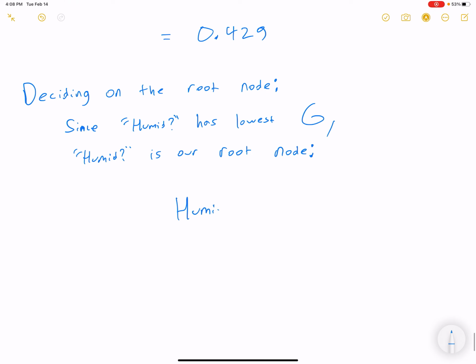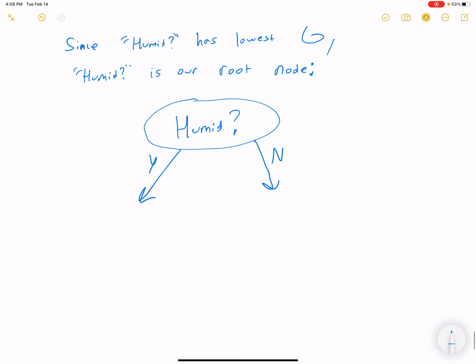So now we have the first part of our tree. We know that our tree, which makes decisions and hence has the name decision tree, starts with looking at the humid variable and splits it into yes or no. And that leaves us with two sub-data sets now. I'm just going to abbreviate the columns for rainy, humidity, temperature, and hurricane.